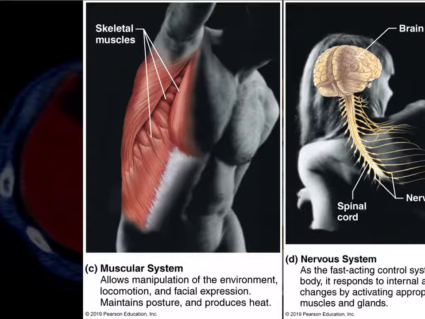So we're talking about fast communication. You'll be able to activate muscles, activate glands to do things. Really the control center of your body. Okay. Any questions on those two?